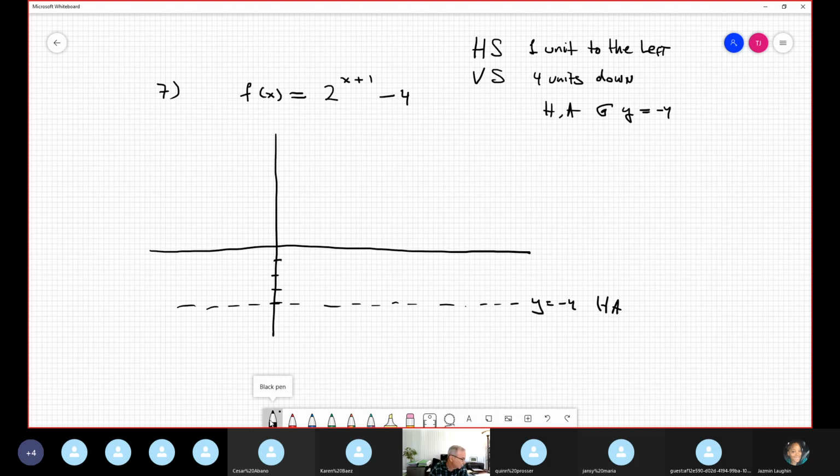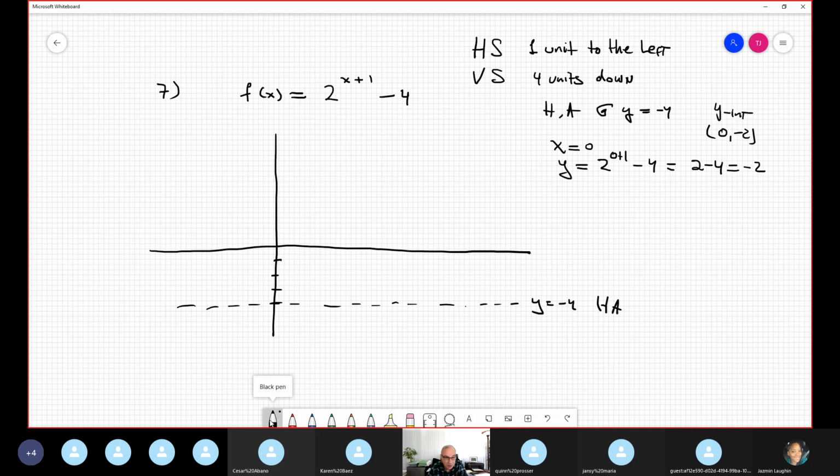Let's evaluate, for example, at x equals 0. y is equal to 2 to the 0 plus 1, minus 4. 0 plus 1 is 1, 2 to the 1 power is 2, 2 minus 4 is -2. By coincidence, this point is (0, -2), which is the y-intercept.